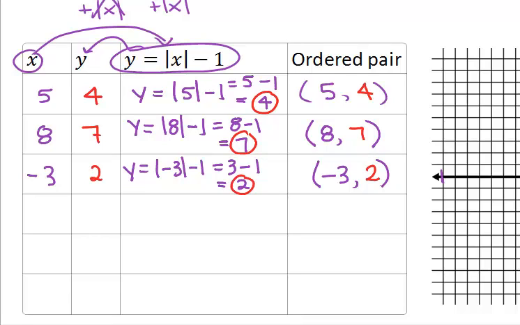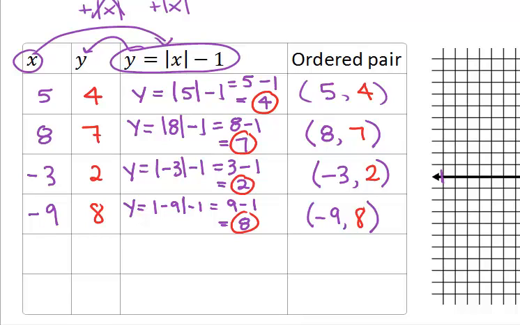So let's pick another negative value. Let's go ahead and go with negative 9. So y is the absolute value of negative 9 minus 1, or positive 9 minus 1, which gives me 8. That's my y value, and that gives me my ordered pair of negative 9, 8.